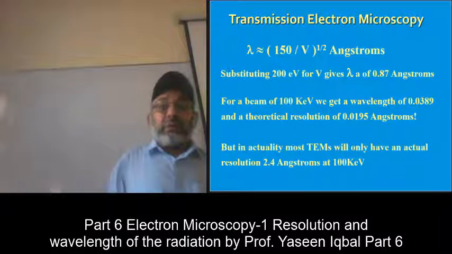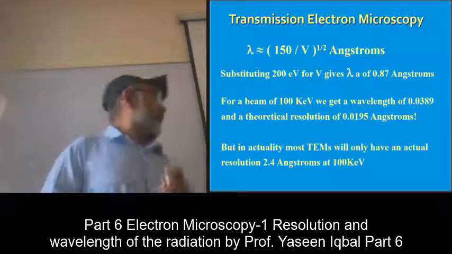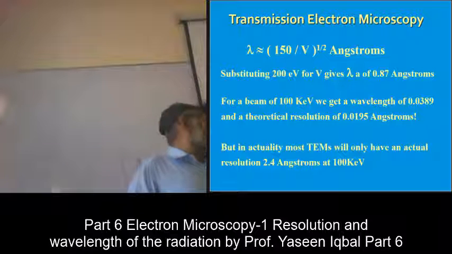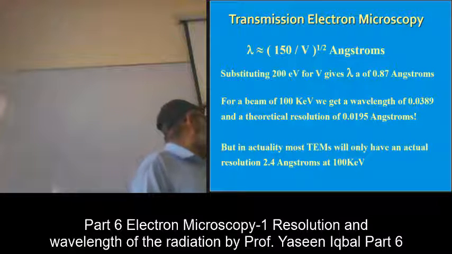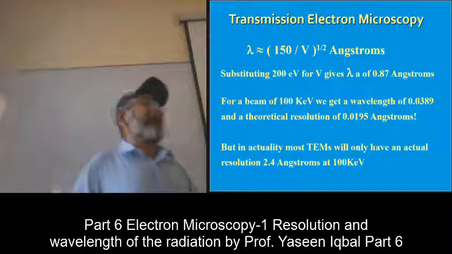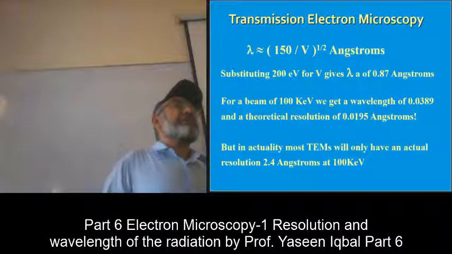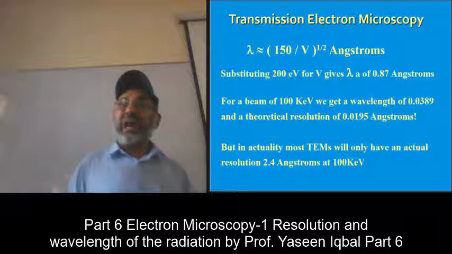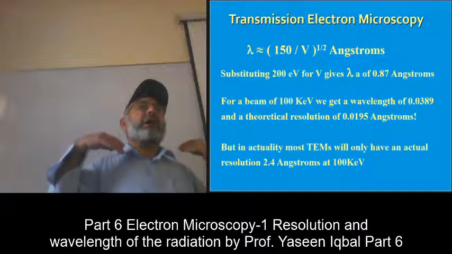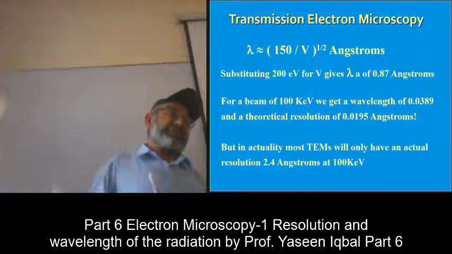Right? If you have a 100 kV electron microscope, we are saying it has 2.4 angstrom resolution. But that also depends upon the quality of the user, how much expert the user is, how much focusing is allowed in the machine.